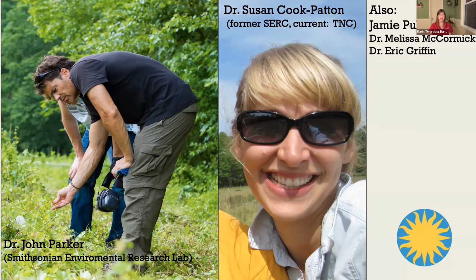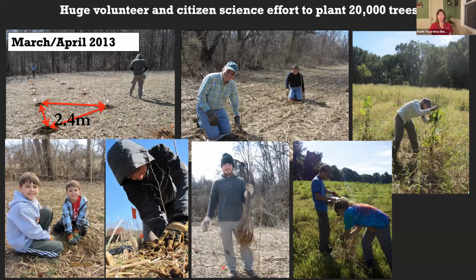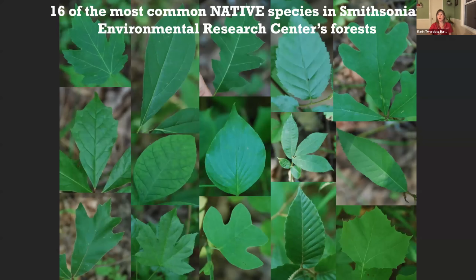They planted it and had the idea, and it's an amazing resource. It essentially involved planting 20,000 trees with a lot of volunteers and citizen scientists in March and April 2013. They planted 16 of the most common native species. I just want to highlight here that within this section, we're talking about all native species.